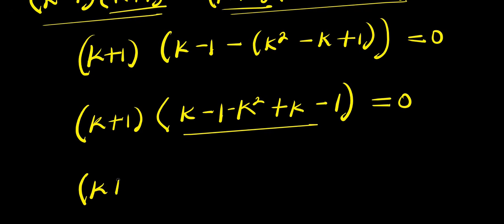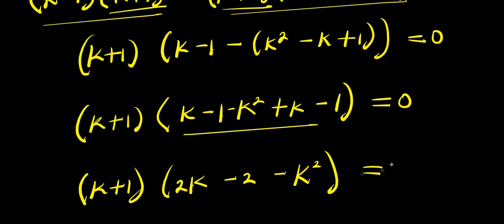I have k plus 1 times, this is k. Now, k plus k, this is 2k here. Minus 1, this is minus 2. That's not plus, that is minus 2. I have minus 2. Then this is minus k squared. And this equals 0.